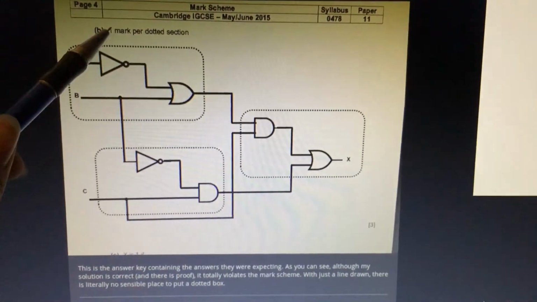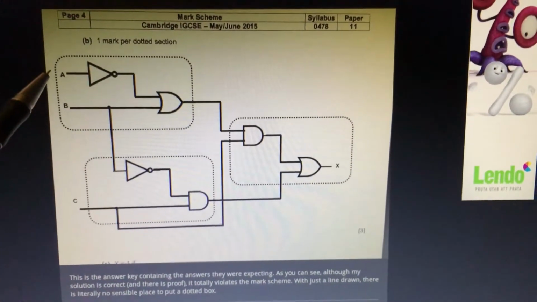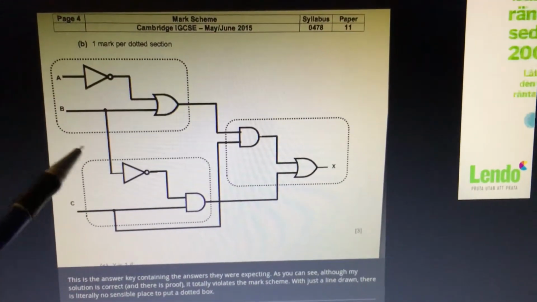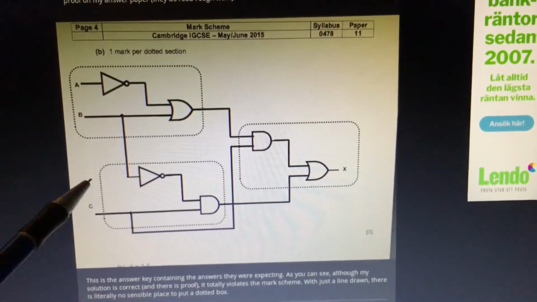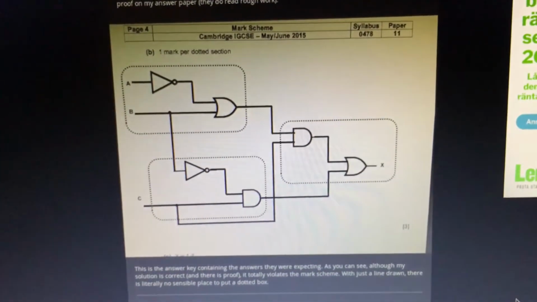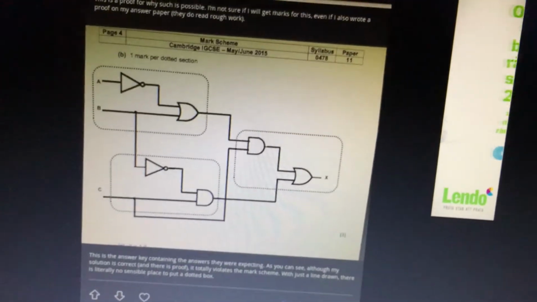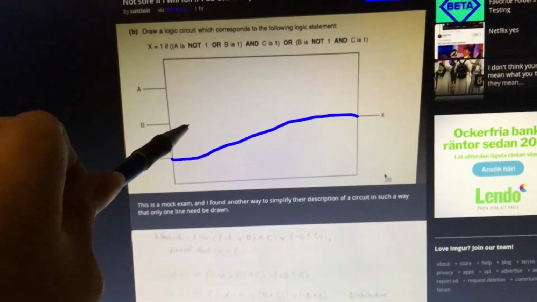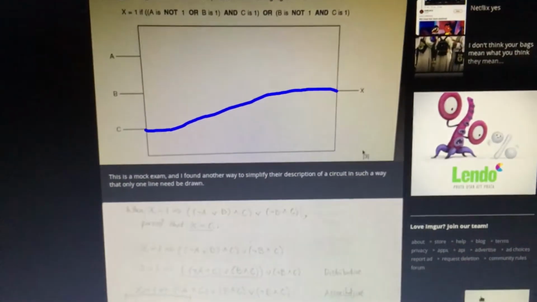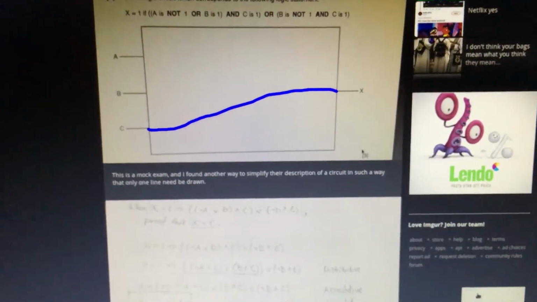They will give 1 mark per dotted section. Now, of course, if you draw redundant gates, you can draw boxes. But if there's just a line, it's already really correct and simple enough. Don't have to draw a box. So I guess that is some cool thing.